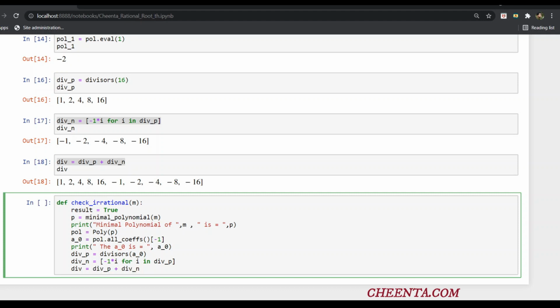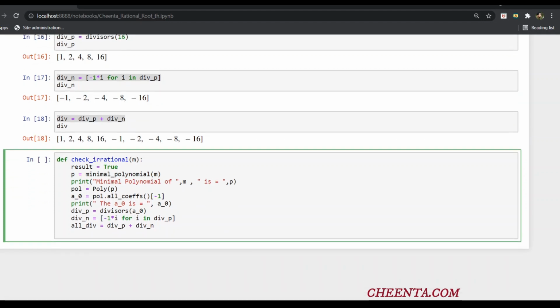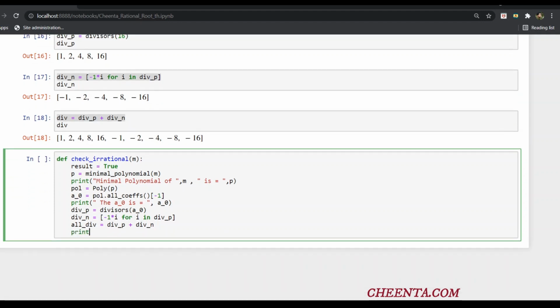Rather than calling it total divisors, let me write it down, all divisors. It should be fine. Then you will print it out to see if this is correct.